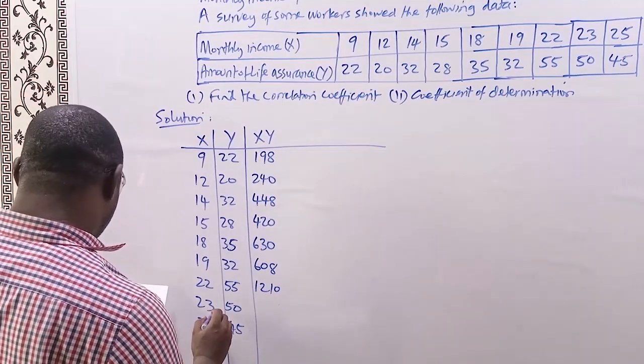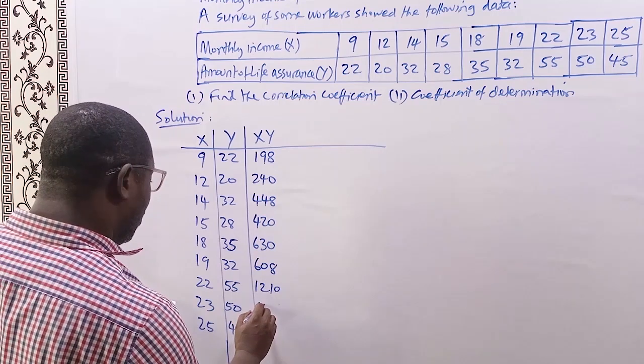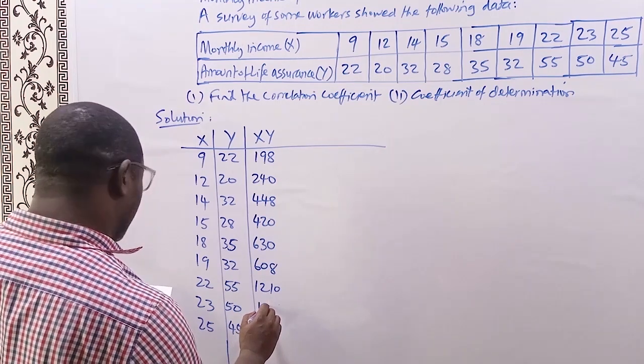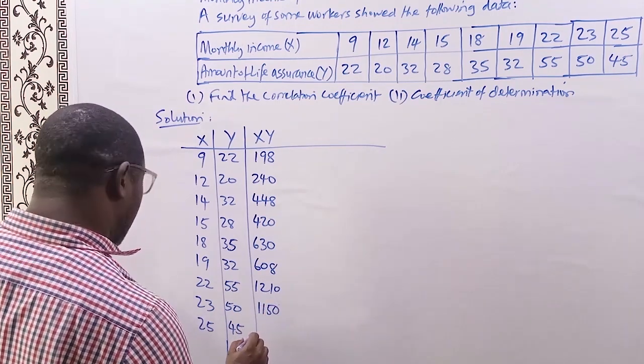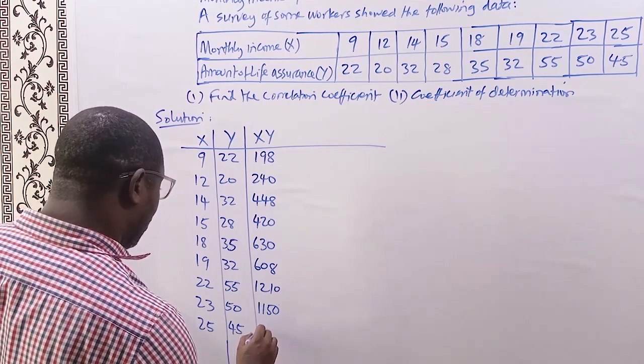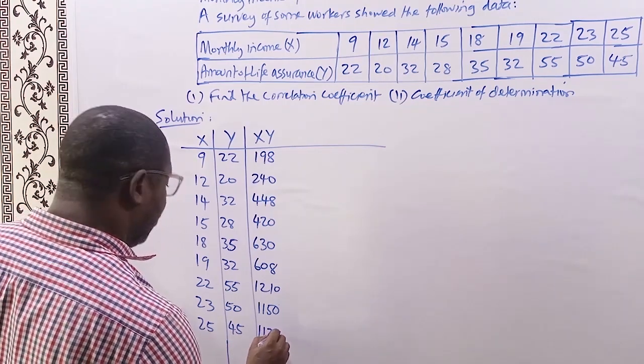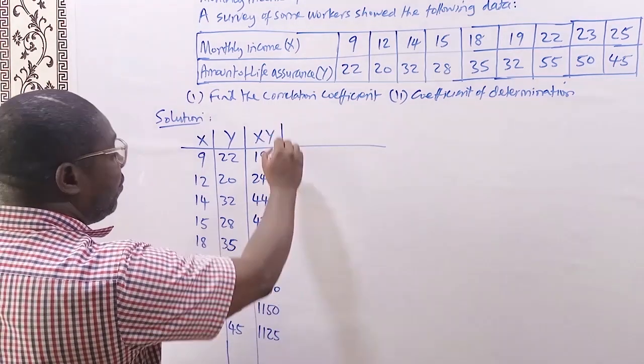Then the next one, 23 times 50 will give us 1150. Then the last one here will give us 1125.